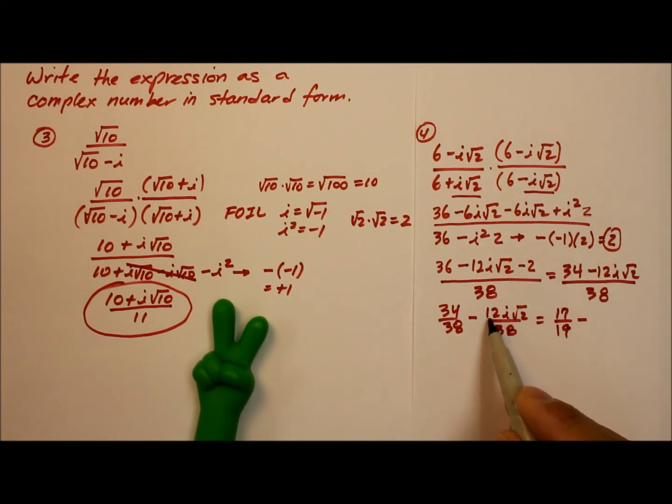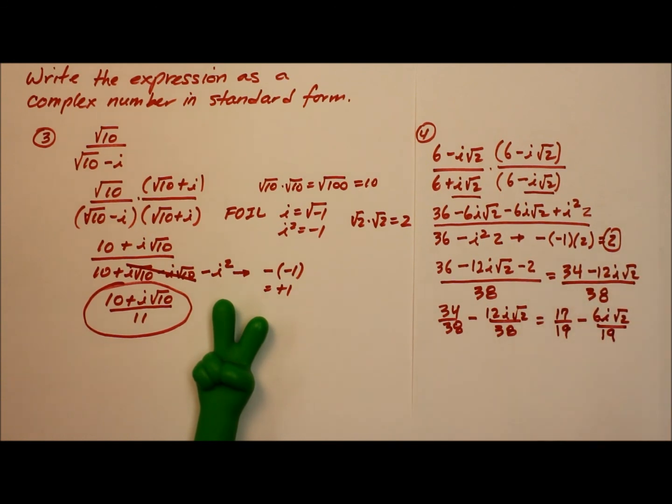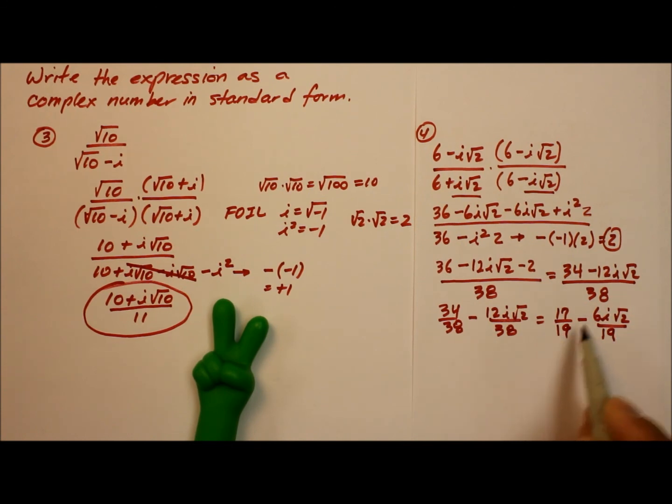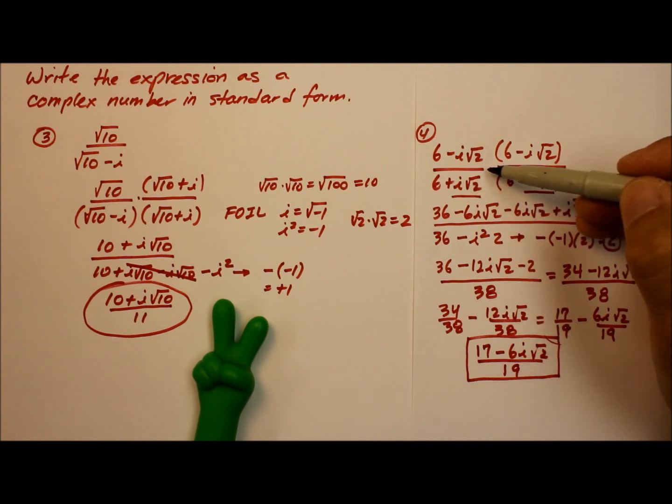Minus, common factor between 12 coefficient and 38 is also 2. So 2 reduces 12 to 6 over 19 as well. So I guess our denominator stays common. So I'm going to write this as one single term as 17 minus 6i square root of 2 all over the 19. And that becomes the final simplified form of this quotient.